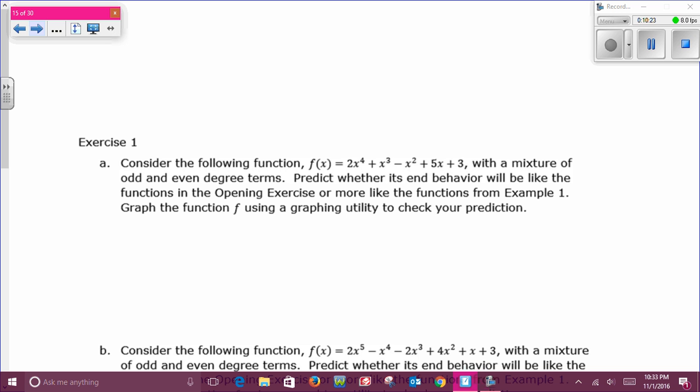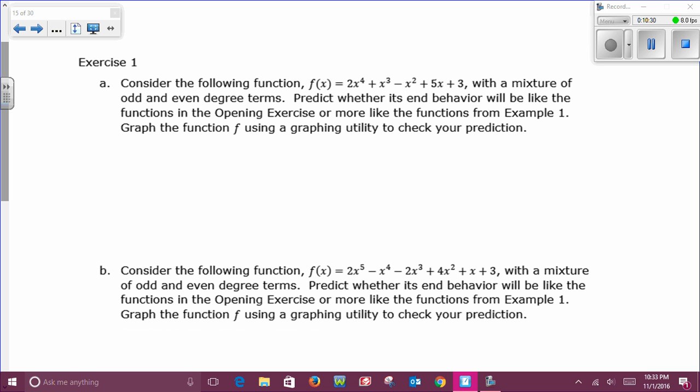Consider the following function: f of x equals 2x to the fourth plus x to the third minus x squared plus 5x plus 3, with a mixture of odd and even degree terms. Predict whether its end behavior will look like the function in the opening exercise or more like the functions from example 1. Graph f using the utility to check your prediction.